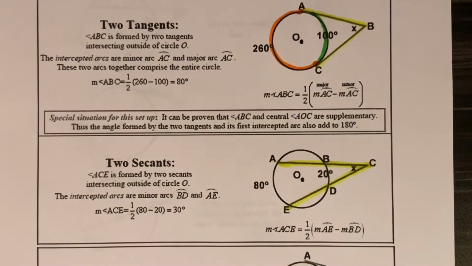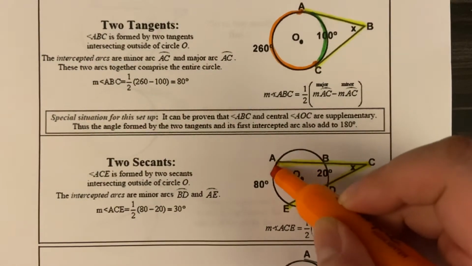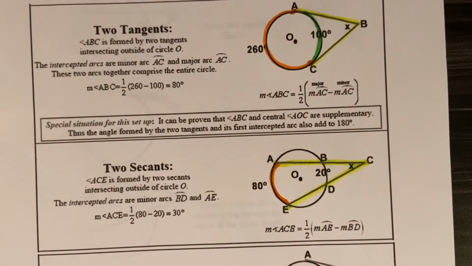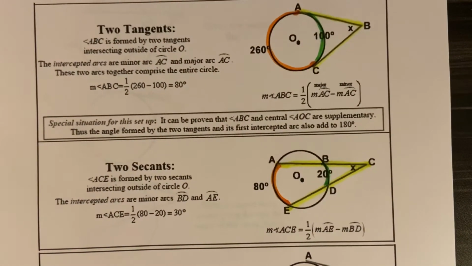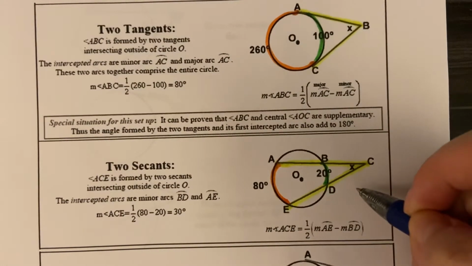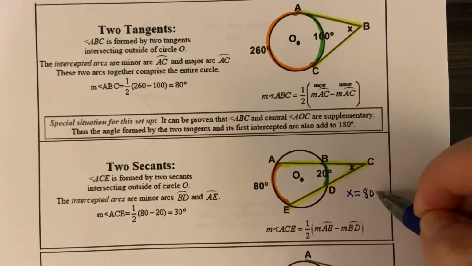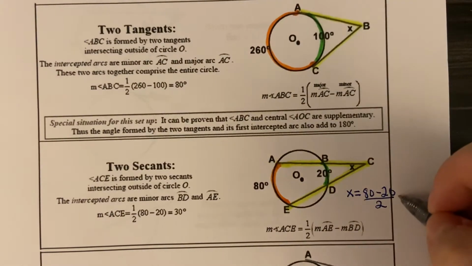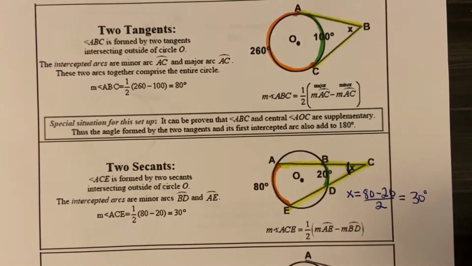We have our major arc, the arc AE, and it's that arc minus the minor arc, divided by 2. In this example, x would equal 80 minus the minor arc, 20, then divide by 2. So 80 minus 20 is 60, and 60 divided by 2 gives you 30 degrees on the outside.